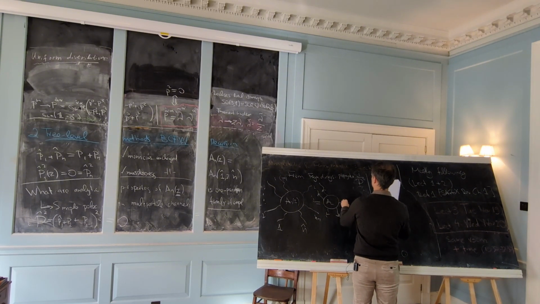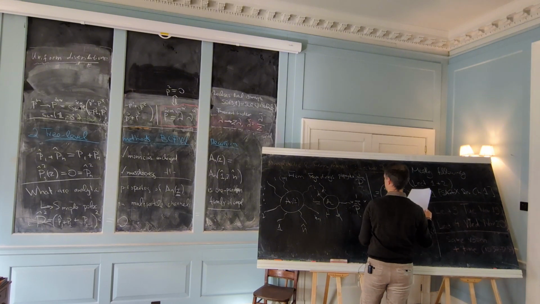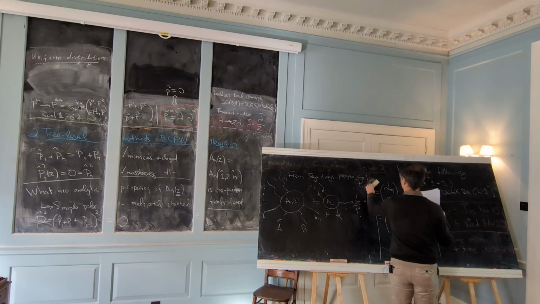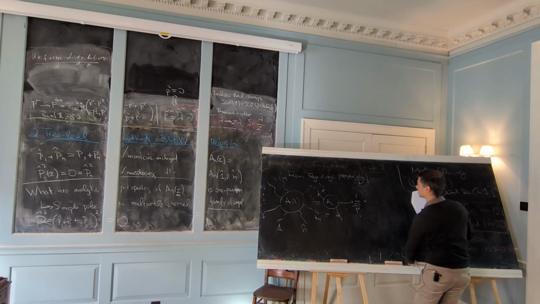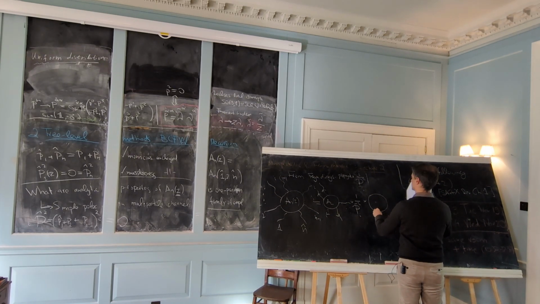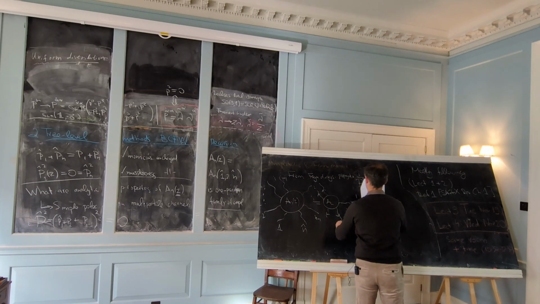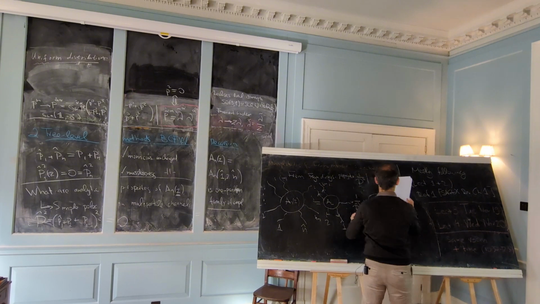Times 1 over p squared, in this case p_i hat squared, times, I need to go a bit to the right, forgive me. So this is 1 hat, 2, and so on, let's say up to i minus 1.